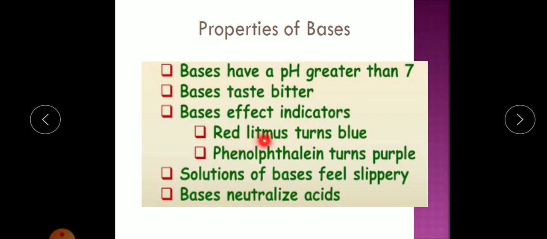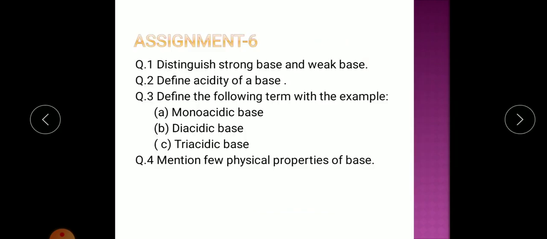For example, red litmus turns blue and phenolphthalein turns purple. We can identify bases with these two indicators. Solutions of bases feel slippery, so they are soapy in nature, and bases neutralize acids. These are a few physical properties of bases.